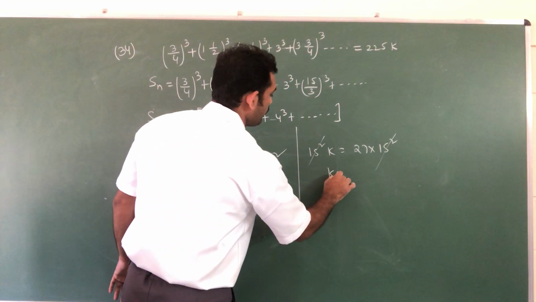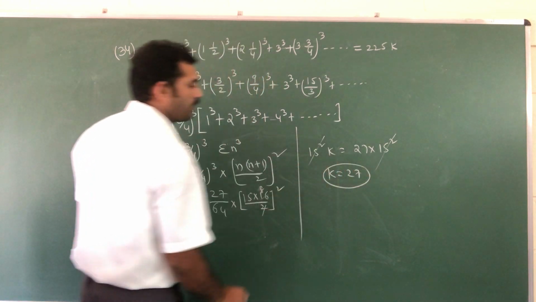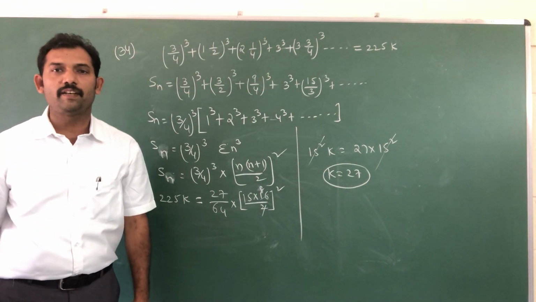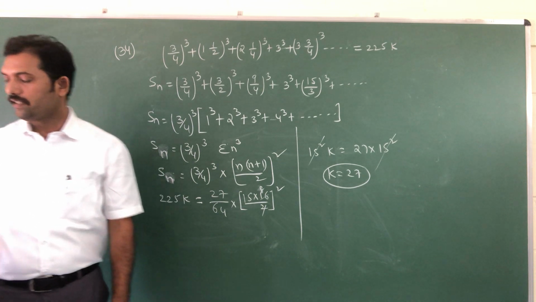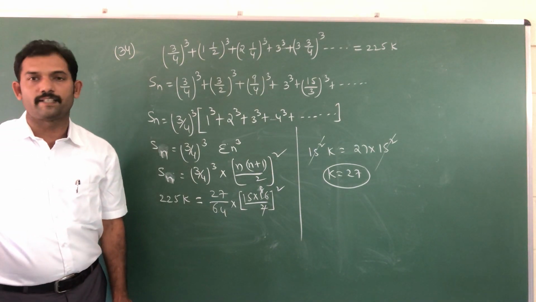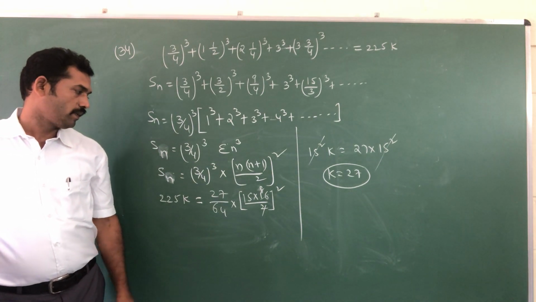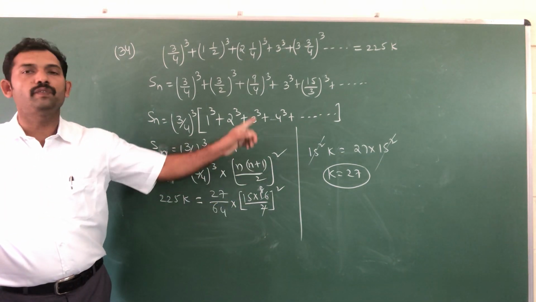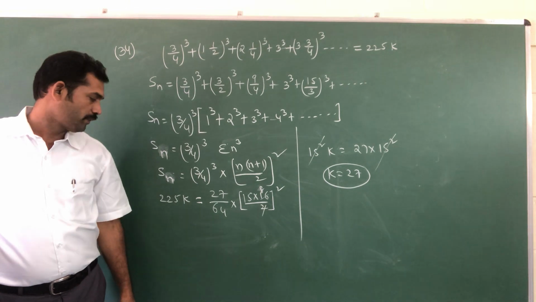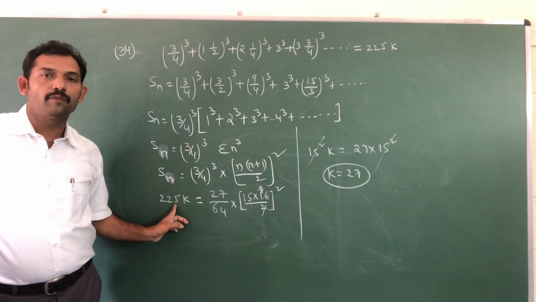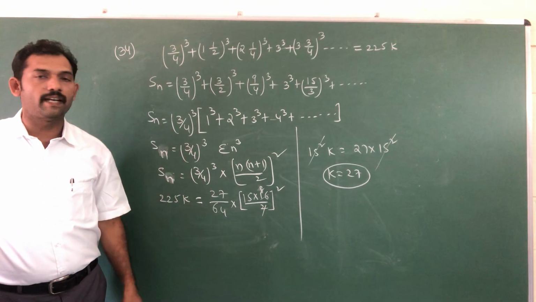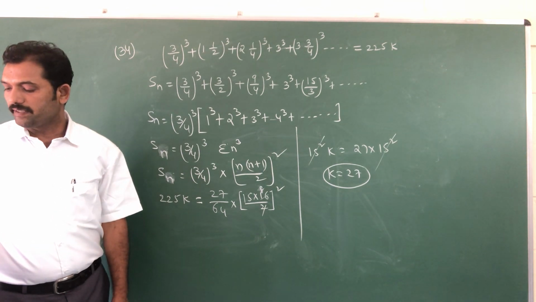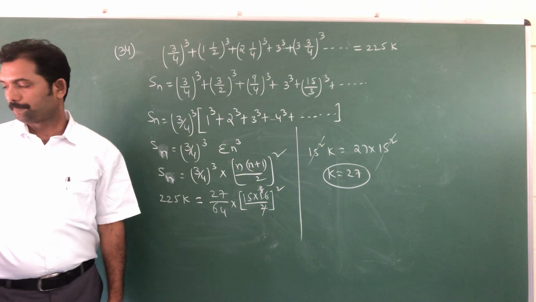So k is equal to 27. K equal to 27 is your answer.